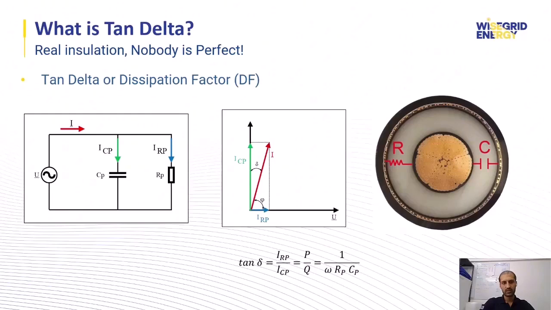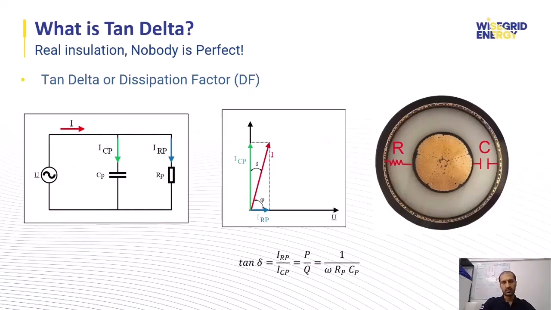So we call this delta loss angle, and tan delta is the ratio of the IR to IC, or the ratio of P to Q, which shows us the power losses of the insulation. And here we found that okay, we have a real insulation and there are losses in this insulation, and we can model this loss by RP in parallel to CP.